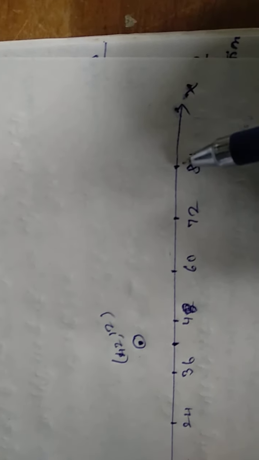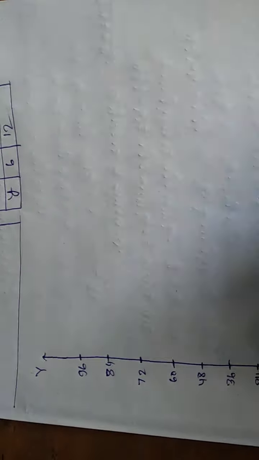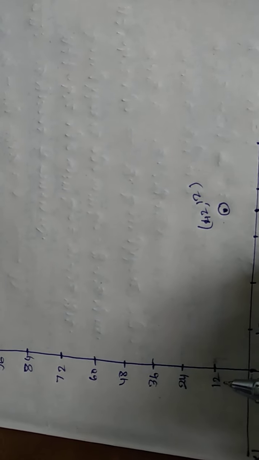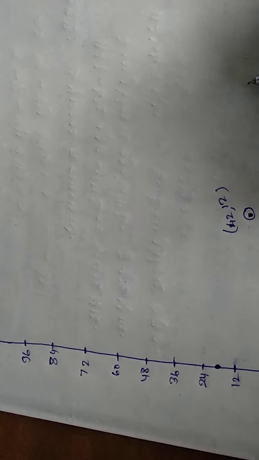Now see next, x is equal to 84. This point represents x is equal to 84 on x-axis, and corresponding value of y is 18. On y-axis, y is equal to 18. That is, 18 lies between 12 and 24, exactly in the middle of 12 and 24. Go along the x-axis in front of 84.